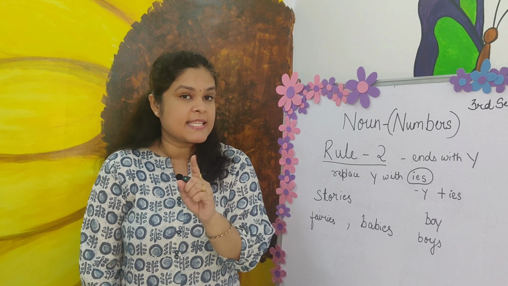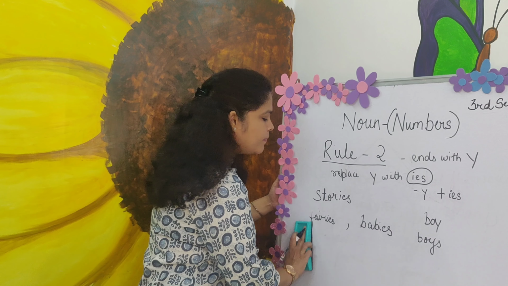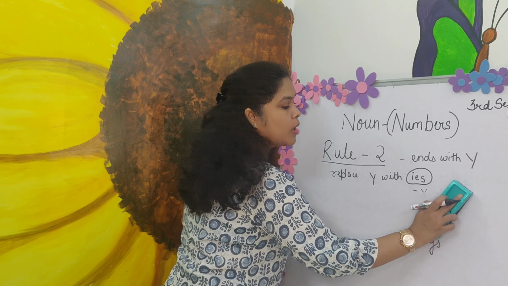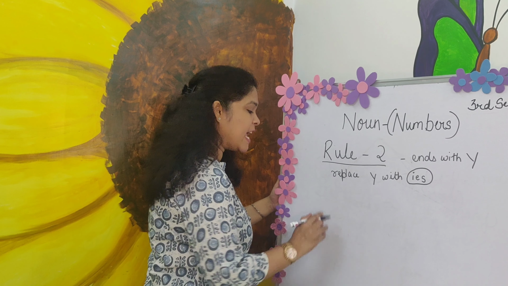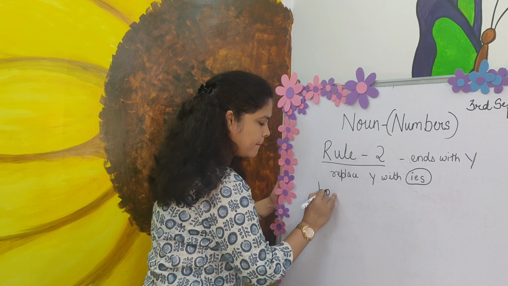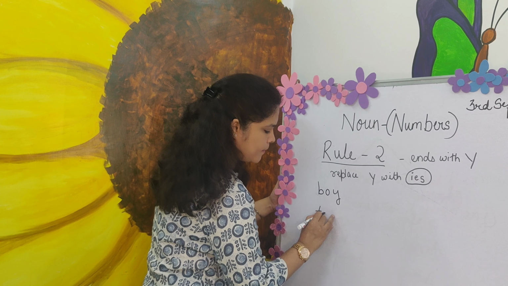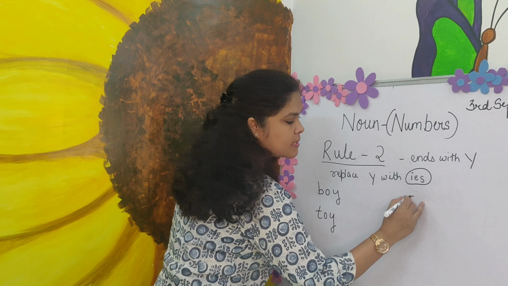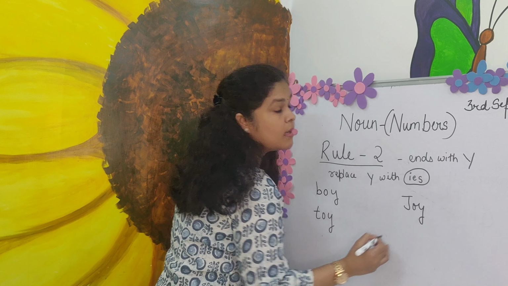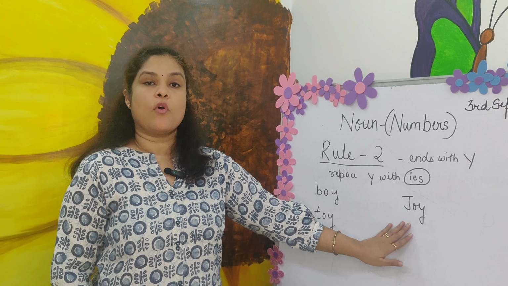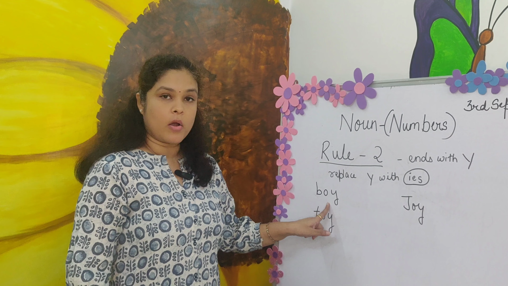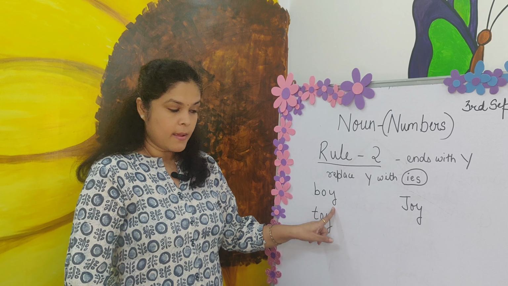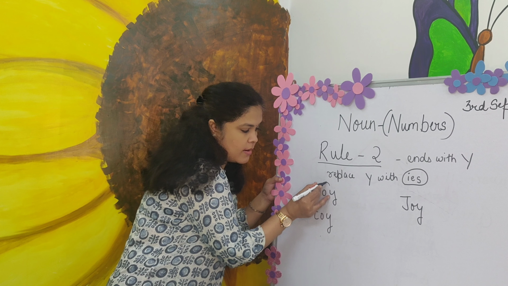So there is an exception to this. If there is a word which ends with Y but has a vowel just before it. For example, boy, it ends with Y. But what do you see? There is a vowel, right?